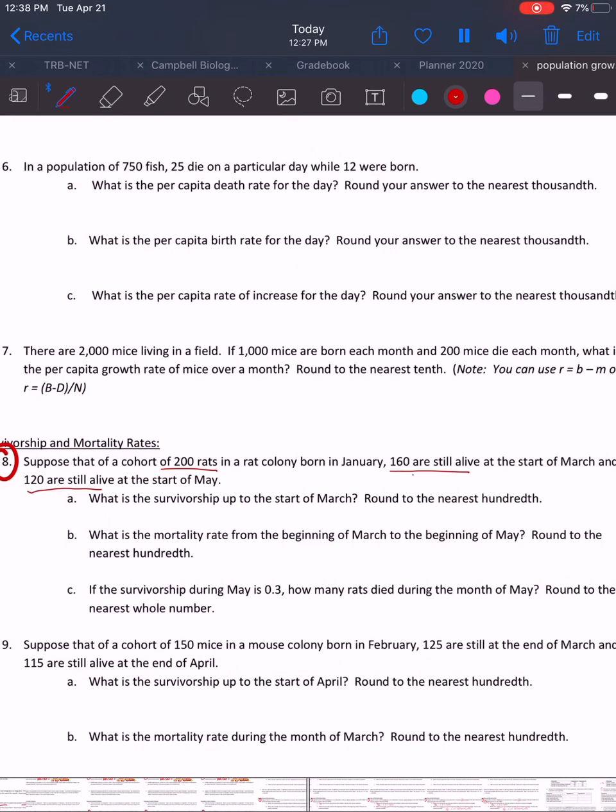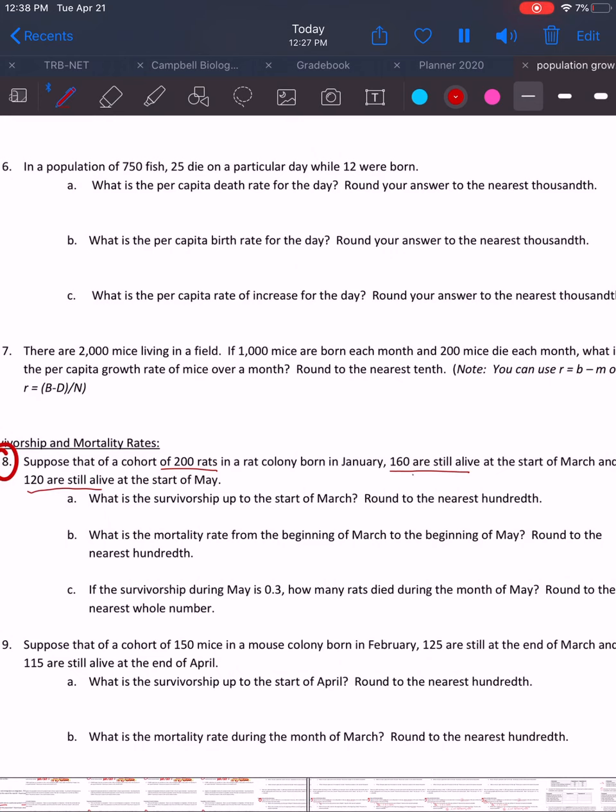Next question, it says, if the survivorship during May is 0.3, how many rats died during the month of May? Okay, so what we're going to have to do here is go with how many rats did we have at the beginning of May, which was 120. Multiply that by my survivorship rate that they just gave me, which was 0.3. That's going to give me 36 rats that survived. But what we want to know is how many died.